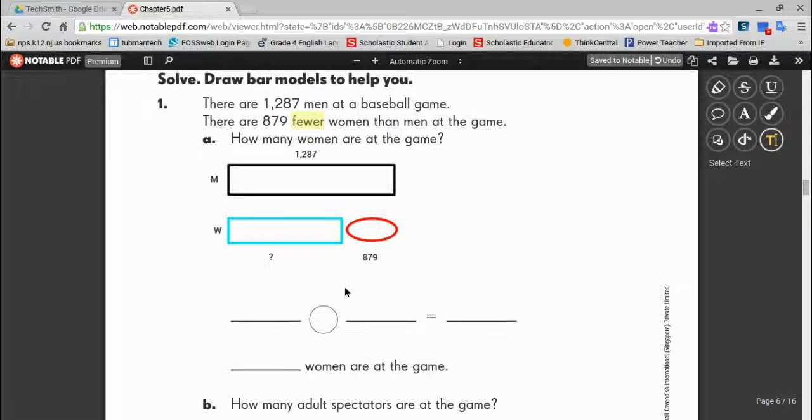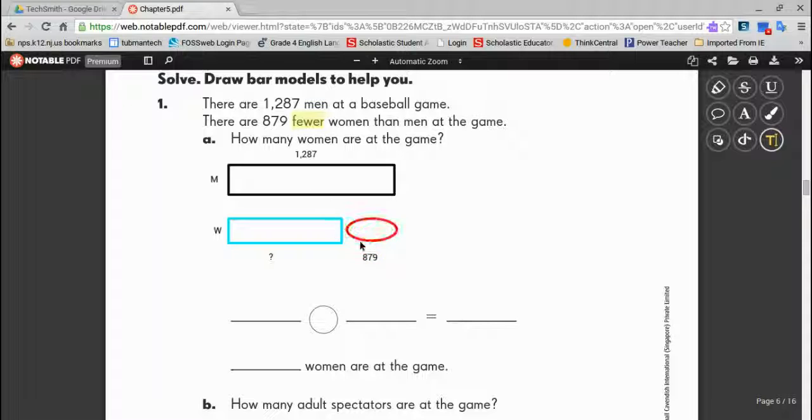Alright, and in order for me to figure out how many women are at the game, I need to look at my bar model. I know how many men are, 1,287. I know that there are 879 fewer. So in order for me to figure out how many women, I need to take those two away. Because here I'm trying to find the difference. I know I have 1,287 men.